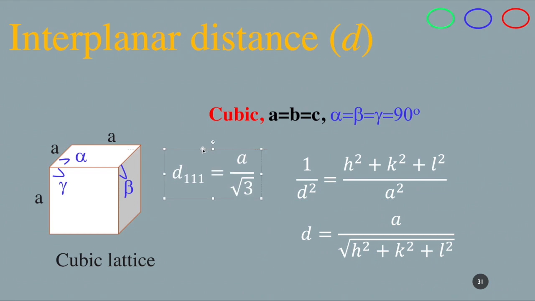So similarly, for the 1 0 0 plane, what would be the value? 1. Now these two are 0 0, so 0, and this is also 0. So in other words, the whole thing is deleted. So this is equal to simply A for 1 0 0. This is the relationship between the d spacing and the side of the lattice parameter.